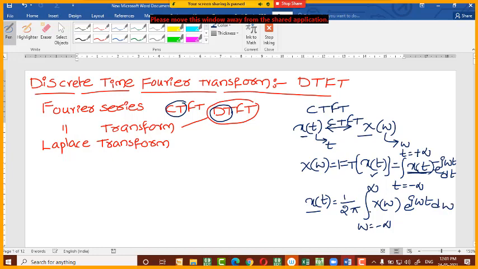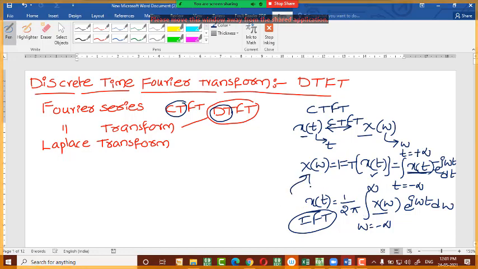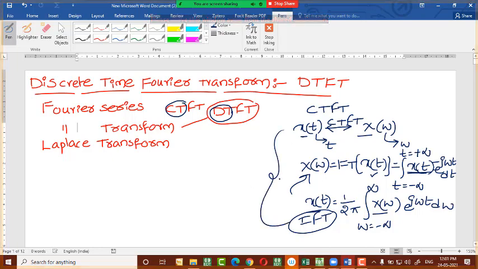By using this formula, we can calculate the time domain signal. So this is called inverse Fourier transform. Inverse Fourier transform means getting the time domain signal from the frequency domain signal. Okay, first you concentrate on this one, that is Fourier transform. These are all already known things for us.